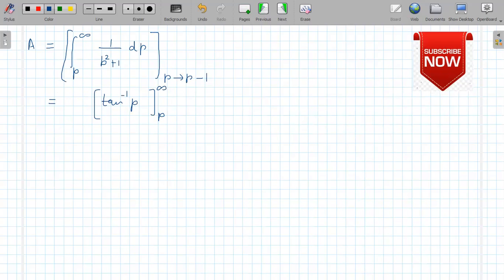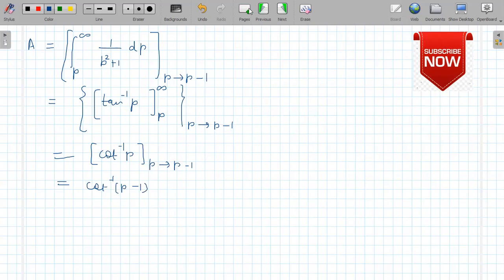P is replaced by p minus 1. The value of this expression is cot inverse p. We should not write it directly in the exam. We should solve it properly. This is equal to cot inverse of p minus 1.